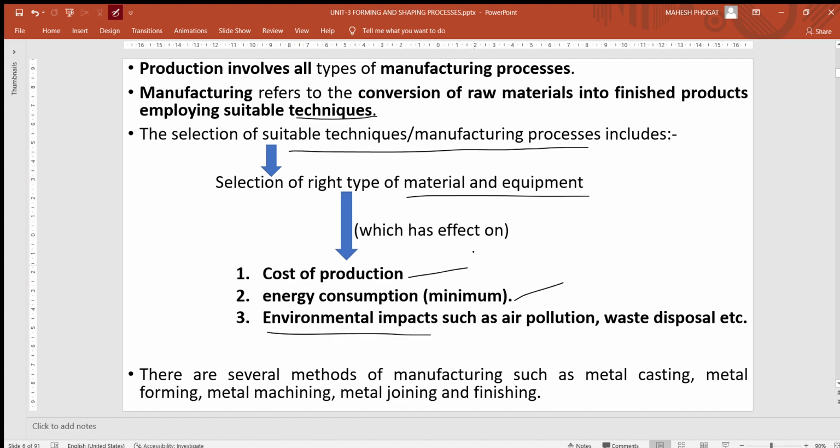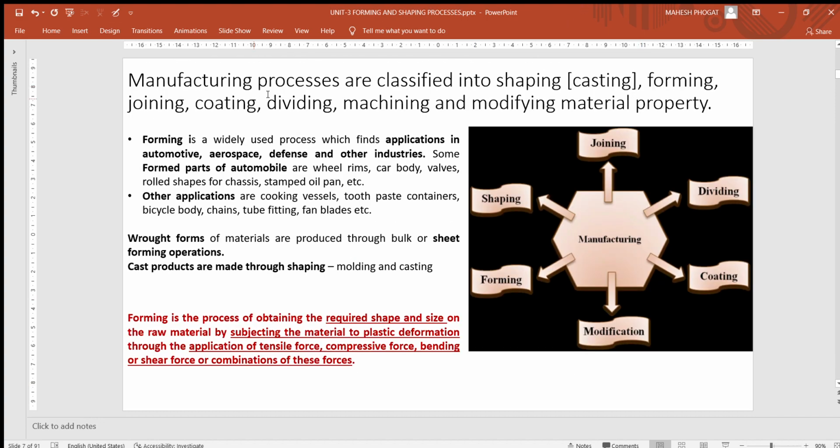So keeping all these things in mind, there are different manufacturing processes available to us in industries. Manufacturing processes are classified into various subcategories. That is, joining is there, shaping is there, forming, modification, coating, dividing. They are widely used in automotive industries, aerospace industries, defense, and other industries.